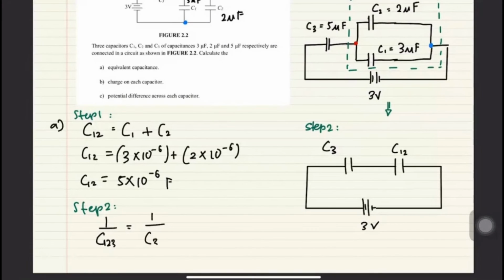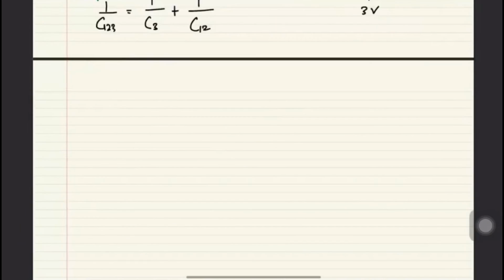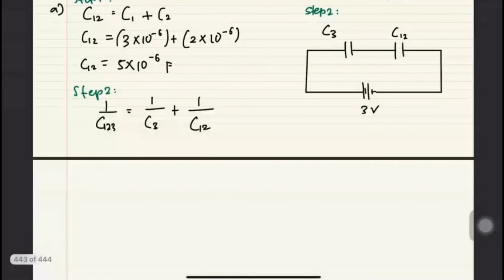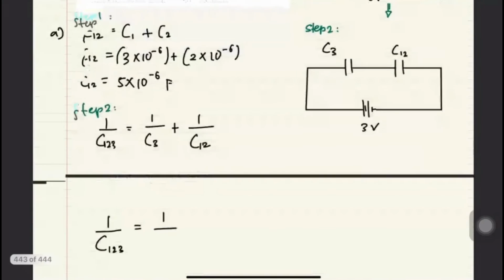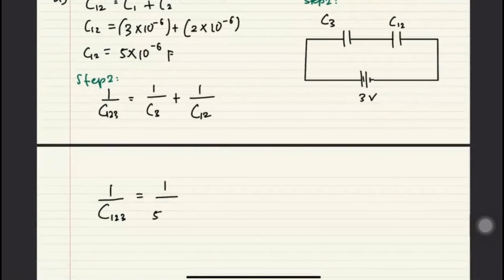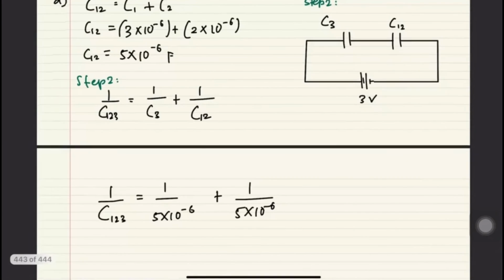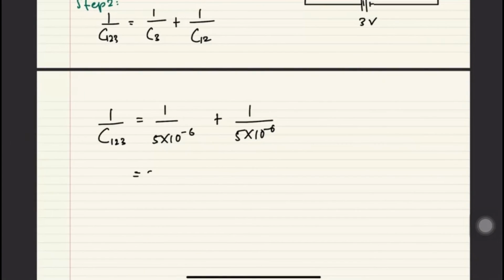So 1 over C3 plus 1 over C12. C3 tadi adalah 5, 1 over 5 tambah 1 over 5. You got 2 over 5, 2.5.